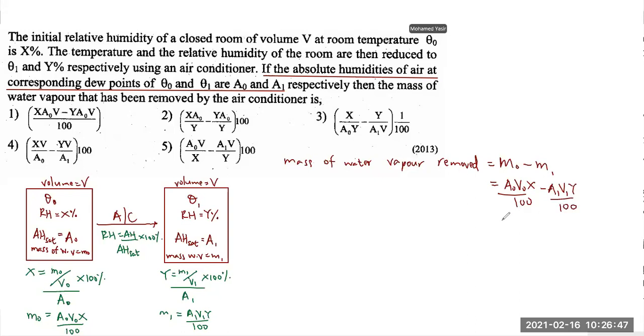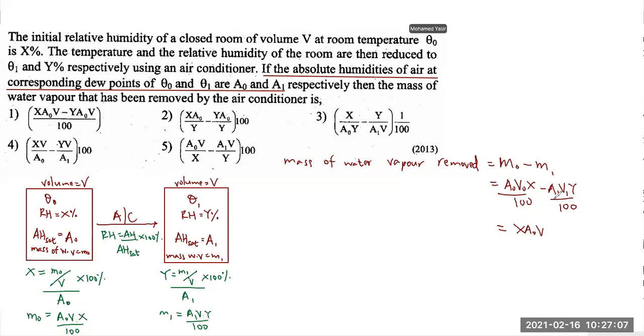They have taken 100 as the common denominator and written it like this. So I will rewrite it: X A naught V. Why have I put V naught in everything here? Sorry, the volume in everything is V. It's a constant volume. Extremely sorry about that.